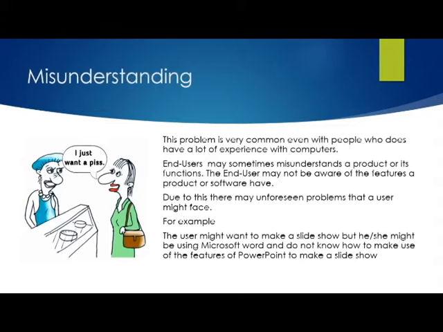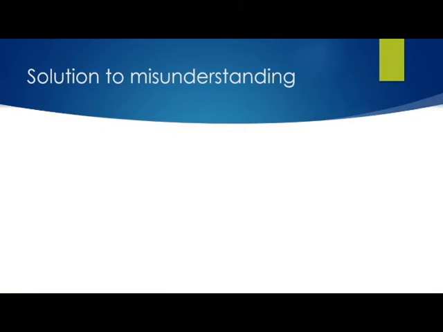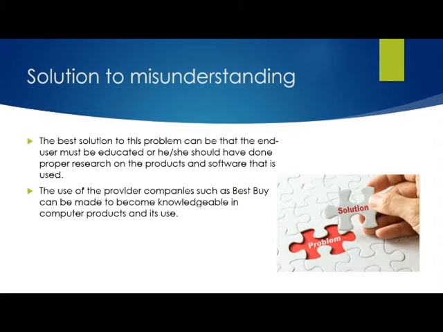Misunderstanding can also happen in a workplace environment when two employees are discussing important information and it is misunderstood and used in an incorrect way. To solve this, the first and best solution is that the user must be educated, or should have done proper research on the product or service he's been using.